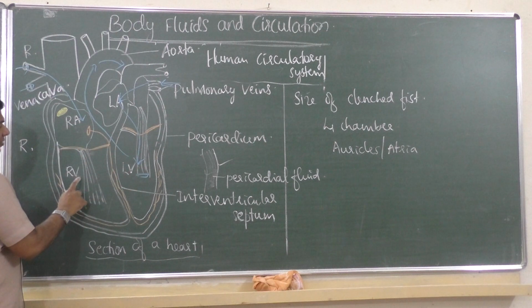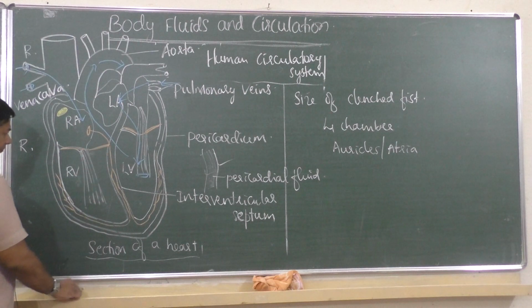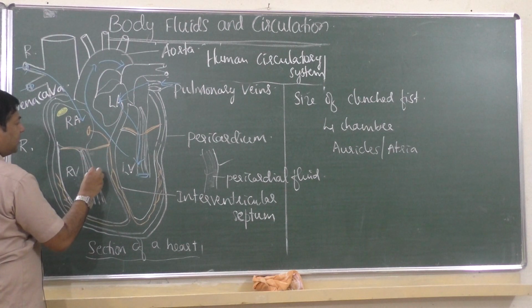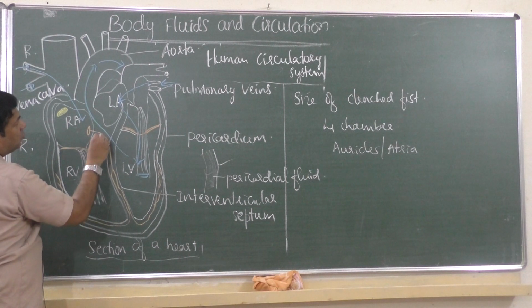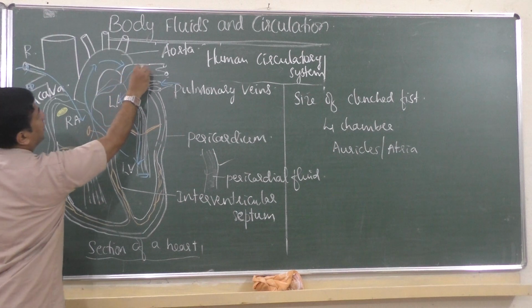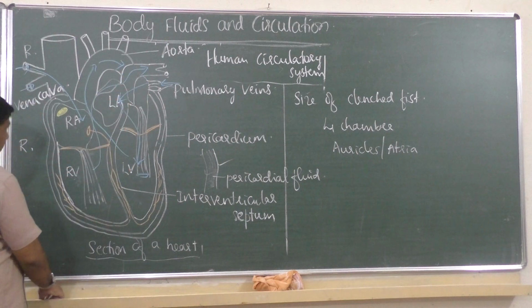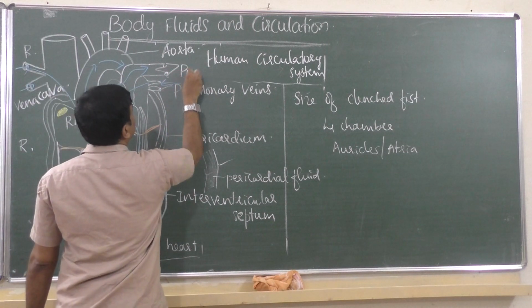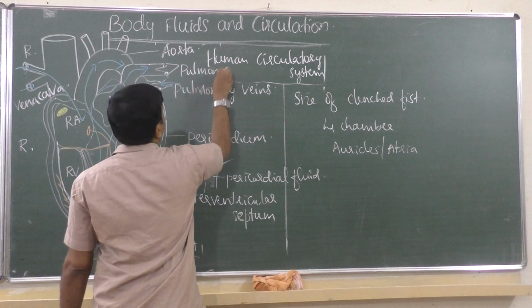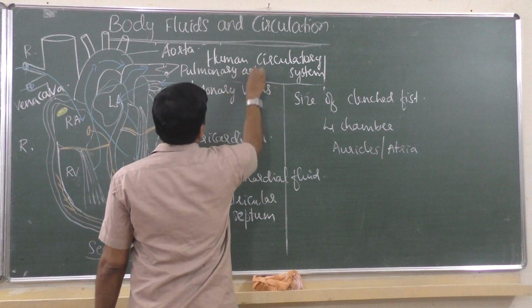So the only way left is what? Only one way is there, from the right ventricle, carbon dioxide mixed blood goes through the pulmonary arteries. These two are pulmonary arteries.